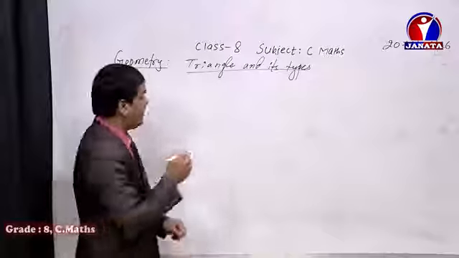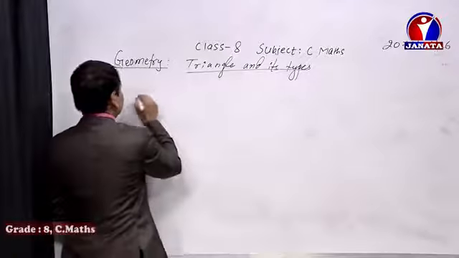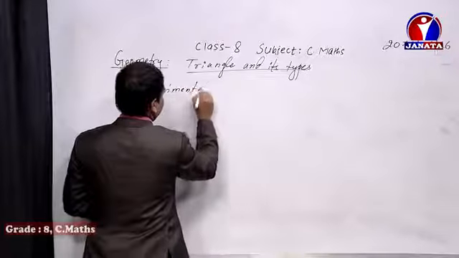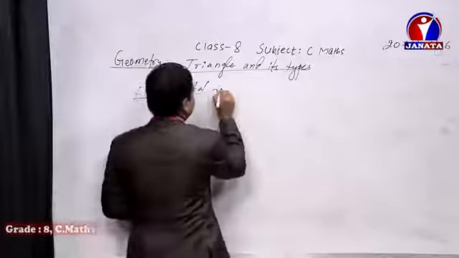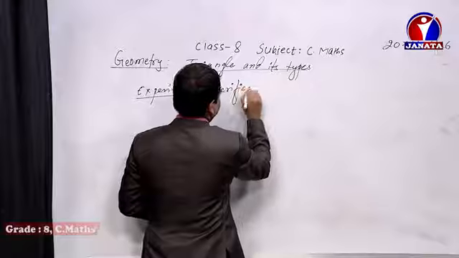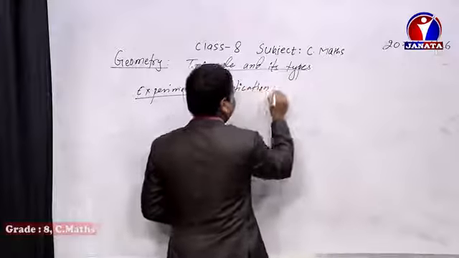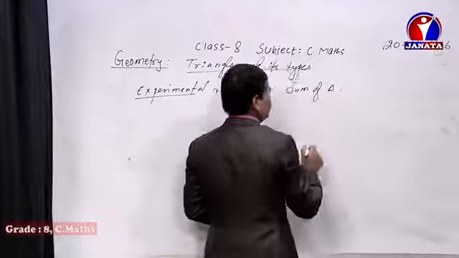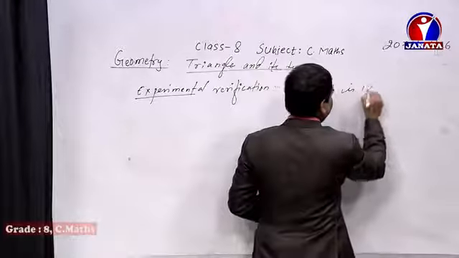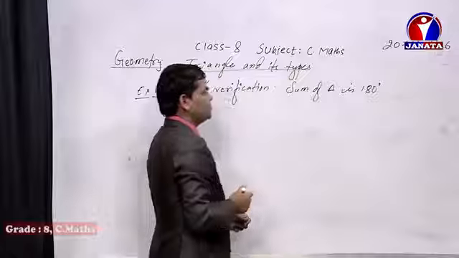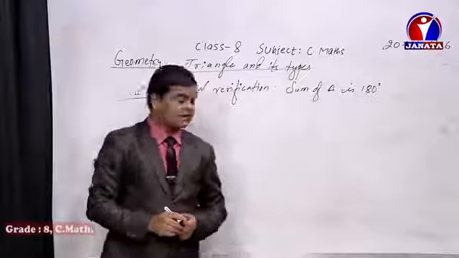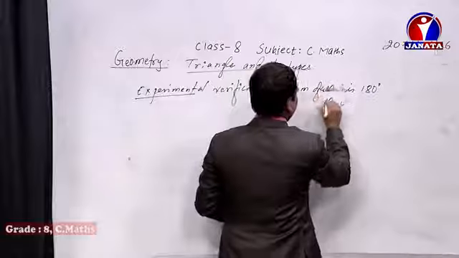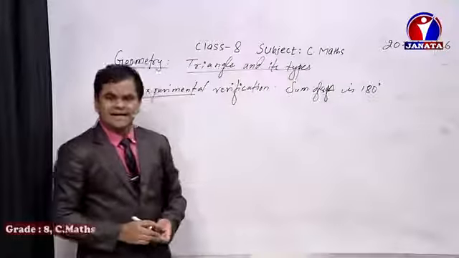So if we want to do experimental verification, dear student, what we have to do? Experimental verification: the sum of angles of a triangle is 180 degrees.